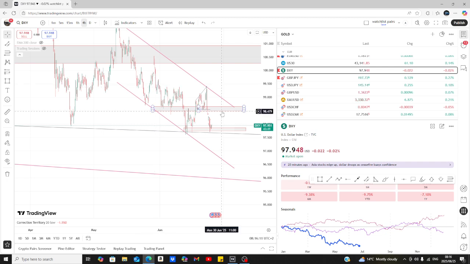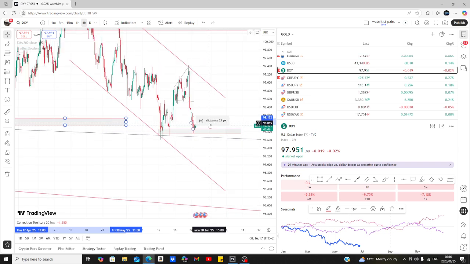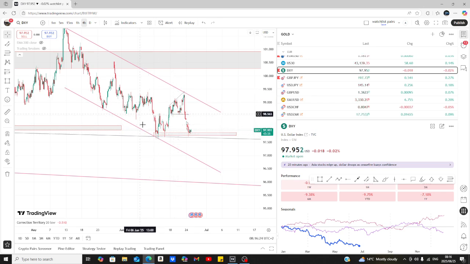It's just going to be a little bit interesting depending on if we have any events today. But for me, the dollar is looking to be potentially bullish, and the reason for that is because it's at a previous low, right?